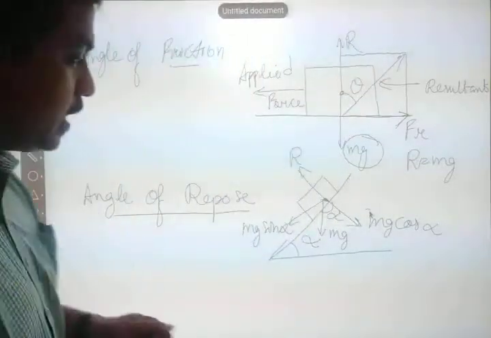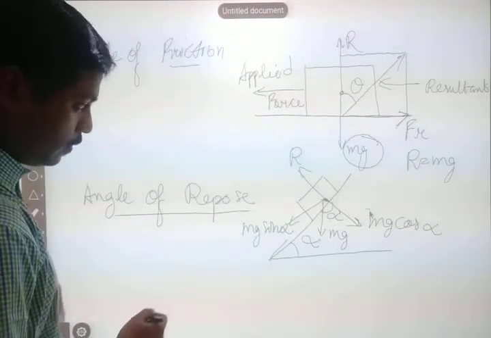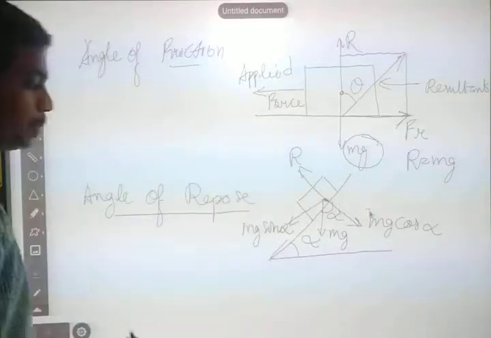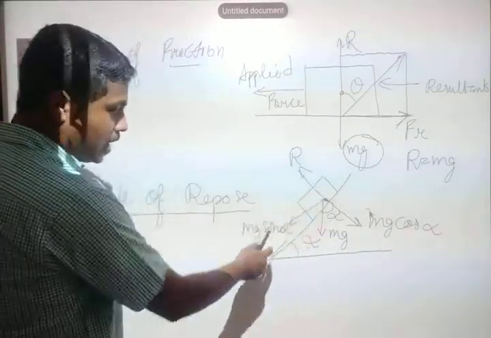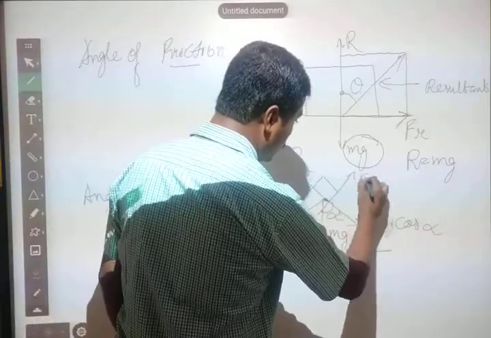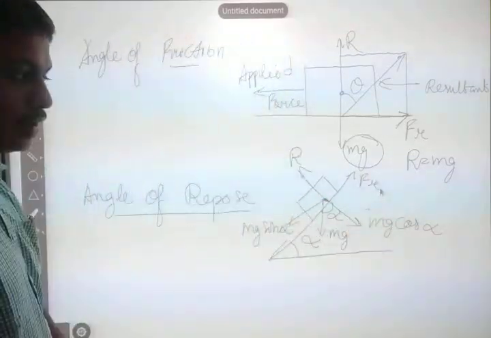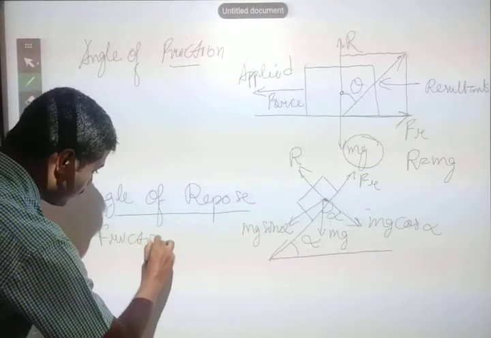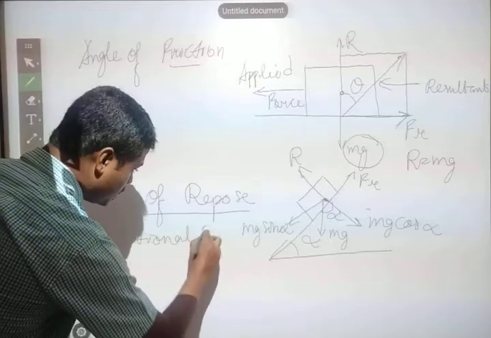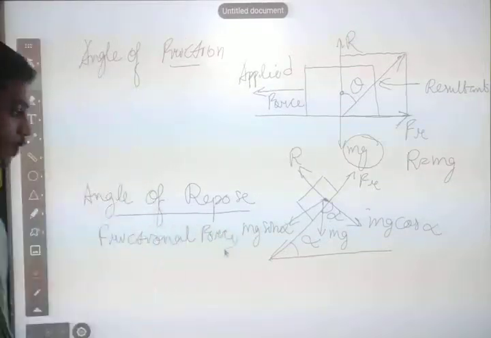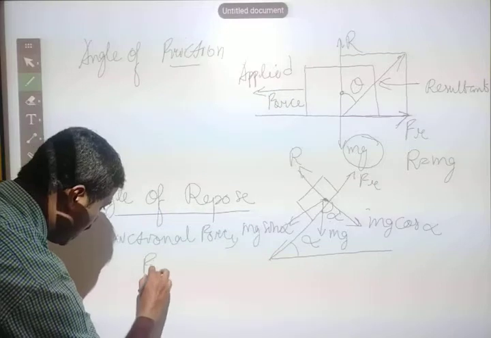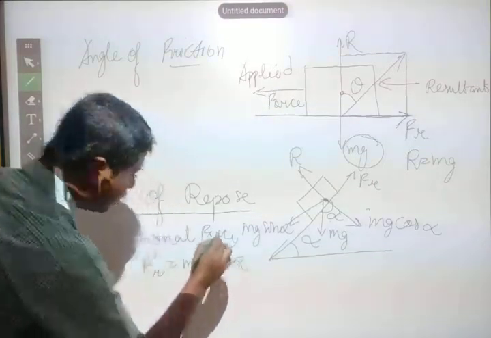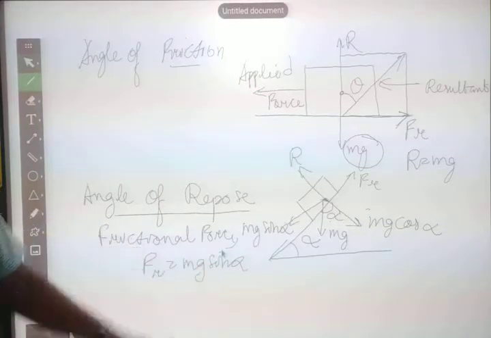Now suppose I consider here, which one will be the frictional force and which one the reaction force? What will be its value? Since the object is sliding down, the direction of the frictional force will be upwards. So the frictional force Fr is equal to mg sin alpha.